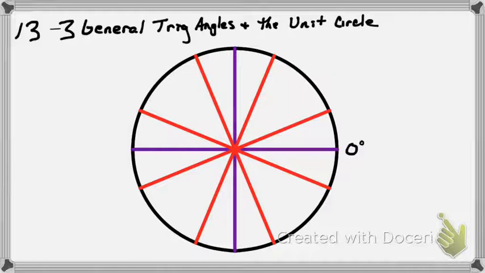What I'm going to do is start working my way around the circle, and the red and the purple put together, they are all 30 degrees apart. So the first one is 30 degrees. As I start going around the circle, what do you think my next red line is going to be? 60 degrees.